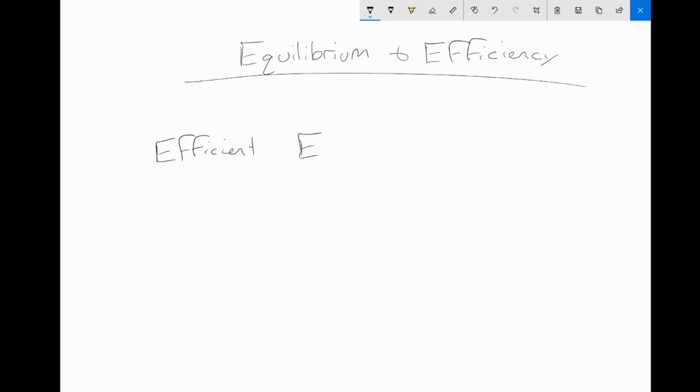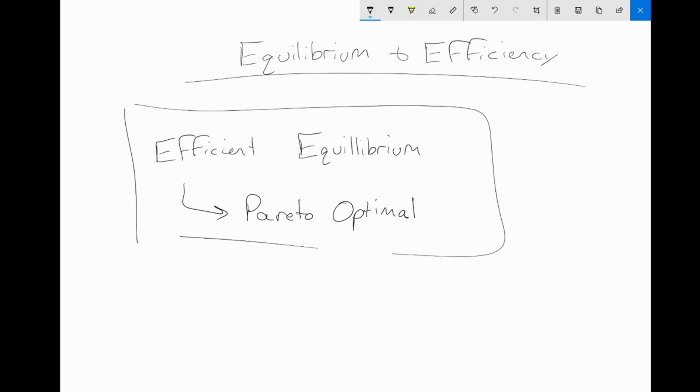An efficient equilibrium is an equilibrium that is a Pareto optimal. So that would be if the market trades to the point where it wouldn't be possible to make anyone in the economy better off without making other people in the economy worse off, then we have an efficient equilibrium.